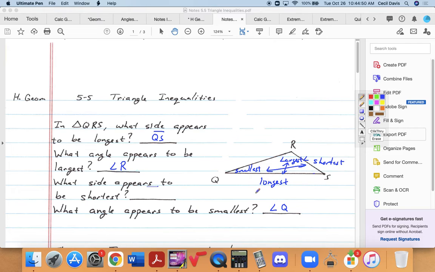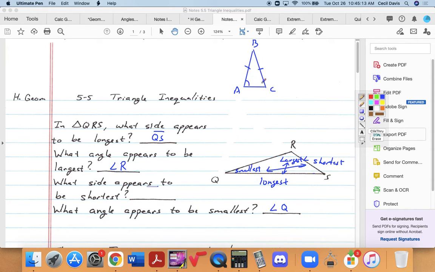So actually this goes back to, if we have an isosceles triangle, again, you don't need to draw this, where those two are the congruent sides, then which two angles are congruent?